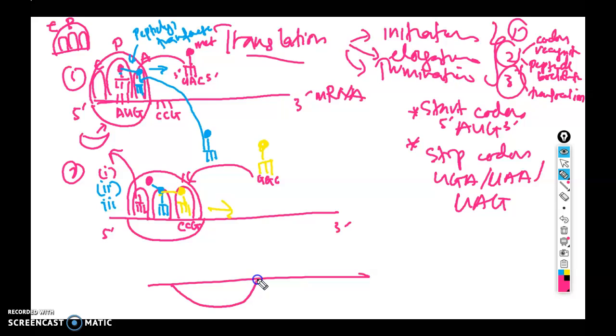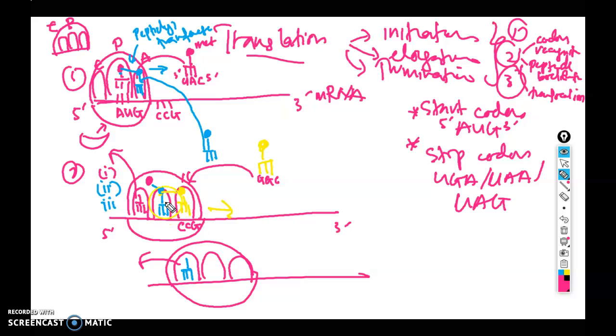The tRNA at the P site tadi will enter the E site and exit from the ribosome.